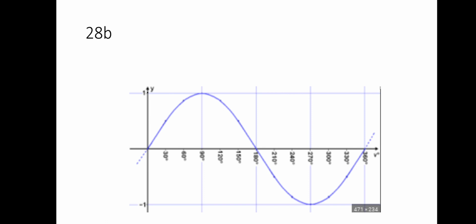28b. On the grid below, draw the graph of y equals 1 plus cosine of x. Because this is 1 plus cosine of x, all of the y values on this graph get shifted up by 1. So this would be a translation by the vector (0, 1).